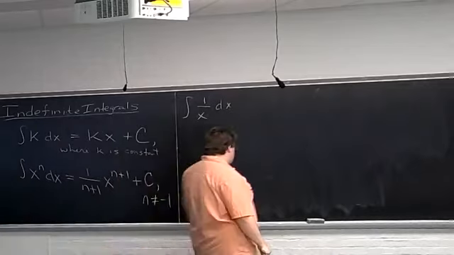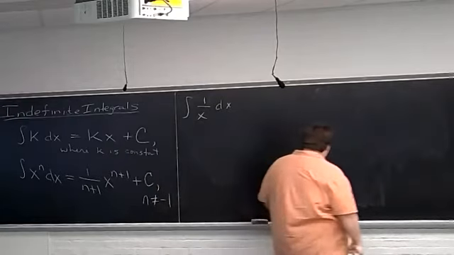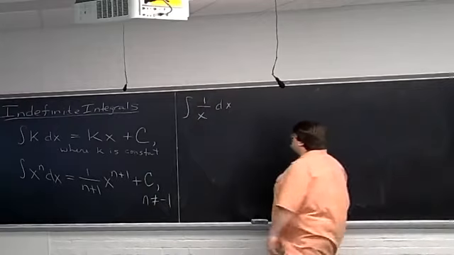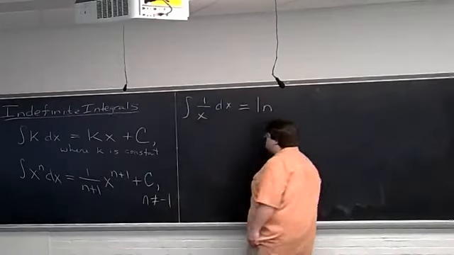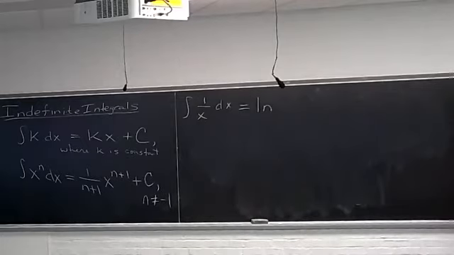So here, we need a function whose derivative is 1 over x if we want to do this integral. Fortunately, we know one. The natural log of x: the derivative of the natural log of x is 1 over x.